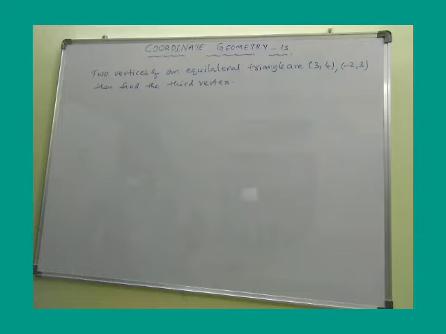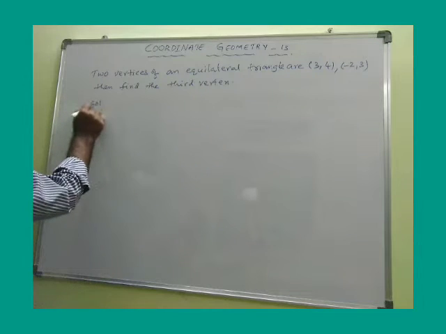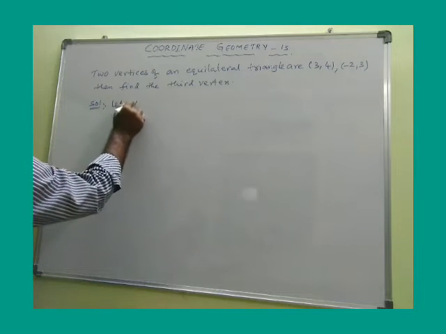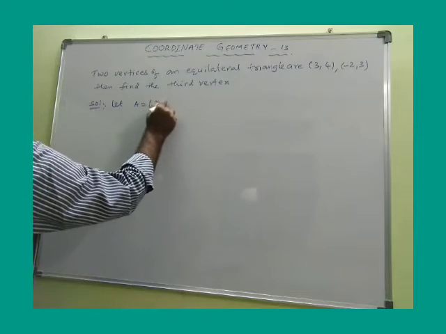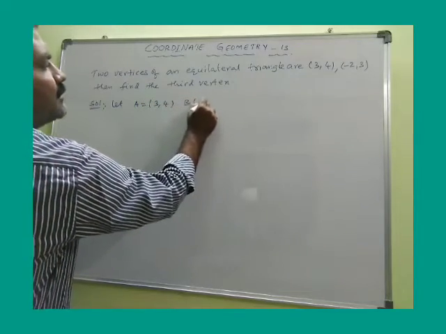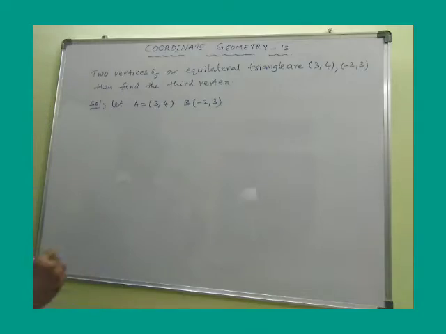Two vertices of an equilateral triangle are (3, 4) and (minus 2, 3). Then find the third vertex. So first of all, let the given points be capital A (3, 4) and capital B (minus 2, 3).